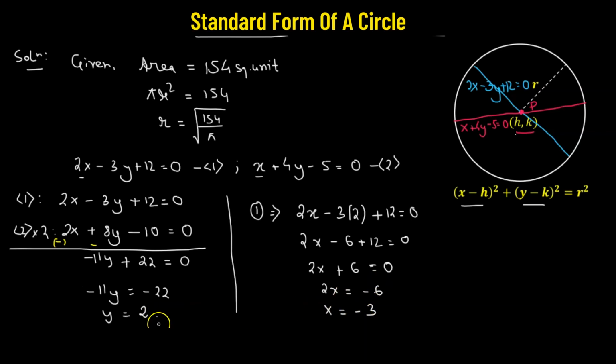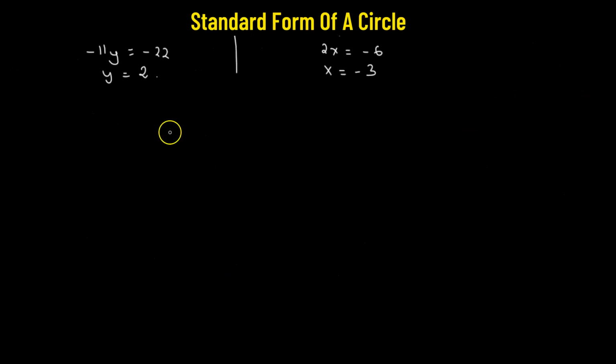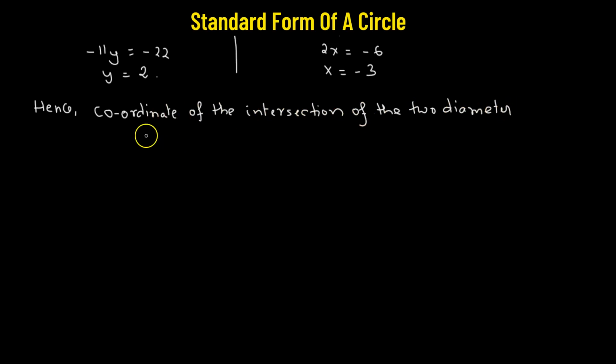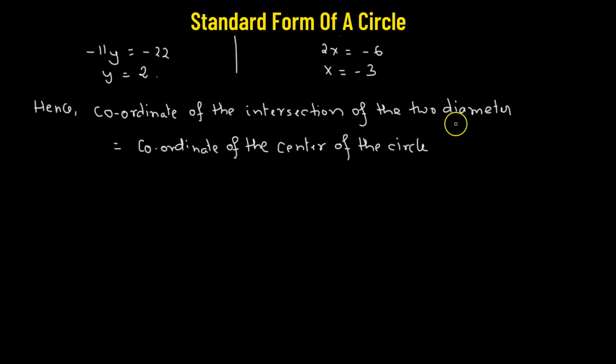So we have the value of x and y. So that means the coordinate of the intersection, that's going to be the coordinate of the center of the circle. Now we know that the coordinate of the center, that's h, k. That's the standard form. And we've obtained the value of h.